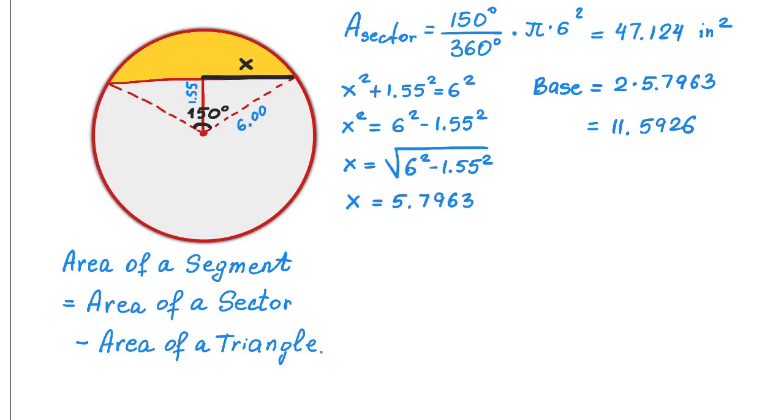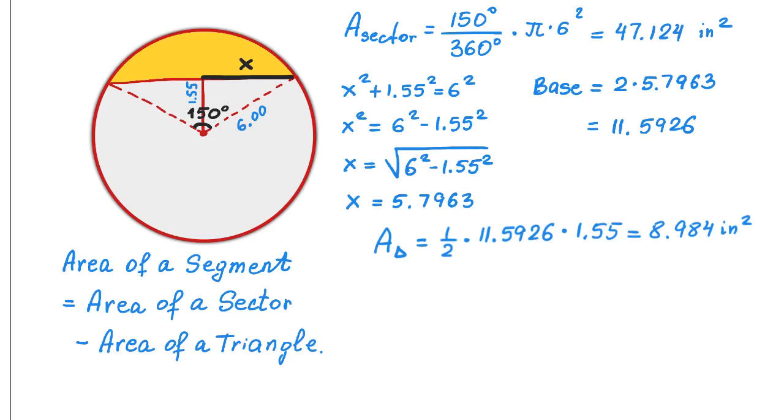Now let's find the area of the triangle. So the area is 1/2 times base times height. The base is 11.5926. The height is 1.55. All this equals 8.984, and these will also be square inches.